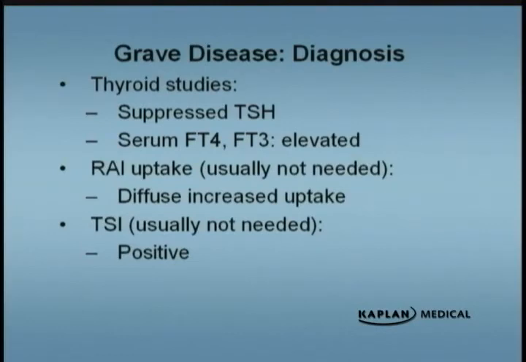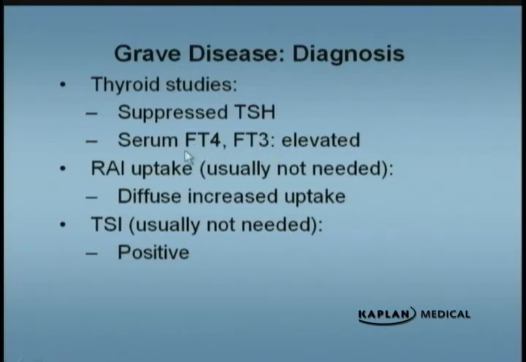A couple of things for the diagnosis. In most typical patients presenting with the proptosis and so forth, all we need to show is a suppressed TSH, a low TSH, and the free T4 elevated. You don't even have to get free T3. So that's a $300 test that you don't have to get here.